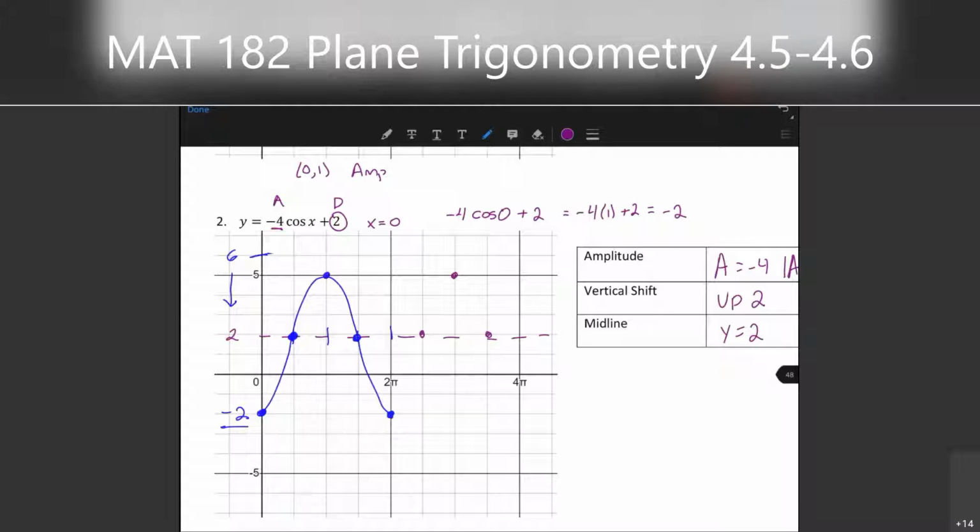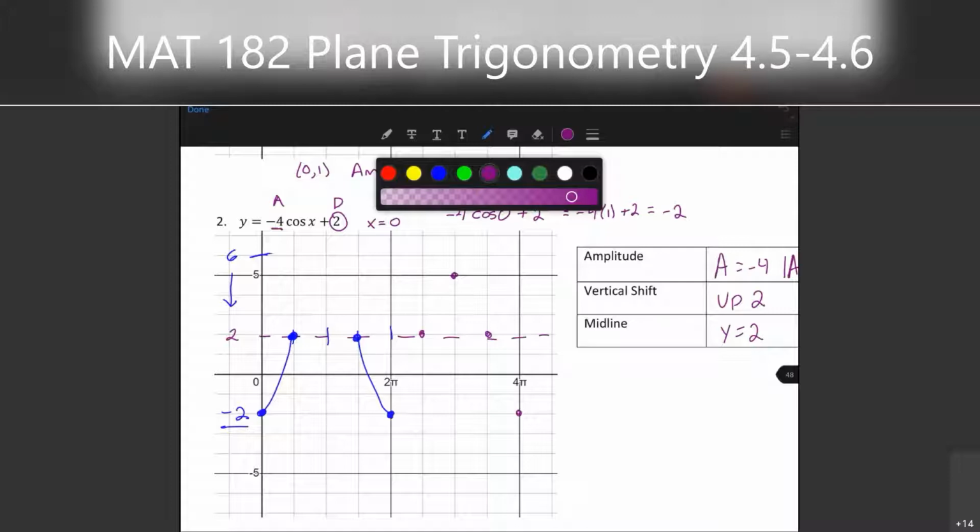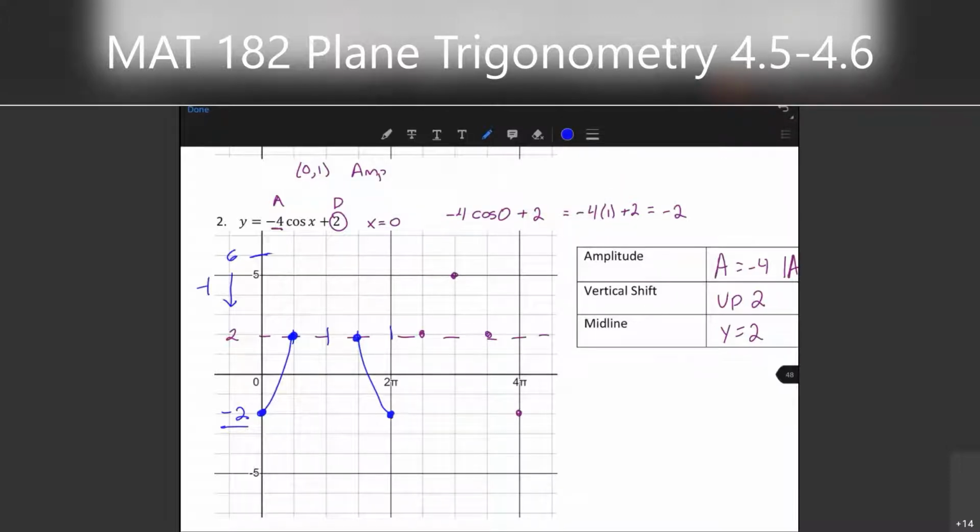I wanted to ask, why is the peak at 5? I mean, on the first cycle. Oops, did I do that again? I just went to the wrong one. So let me get that up to 6. That should be at 6. Either way, why is it at 6? That's what I don't know. Yeah, so notice that's 4 units away from the midline.